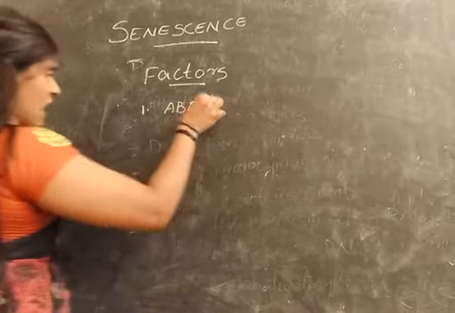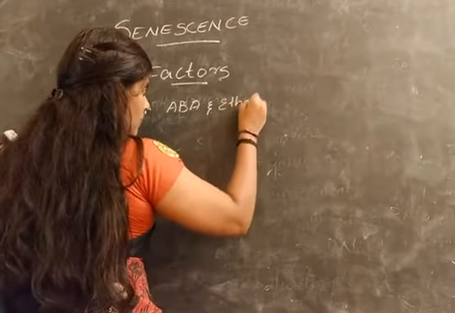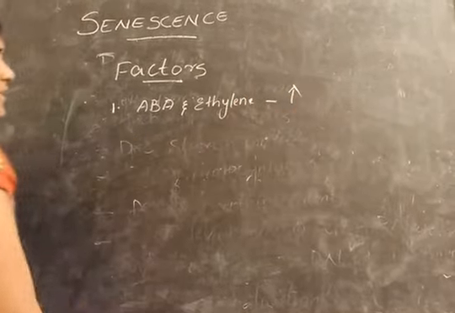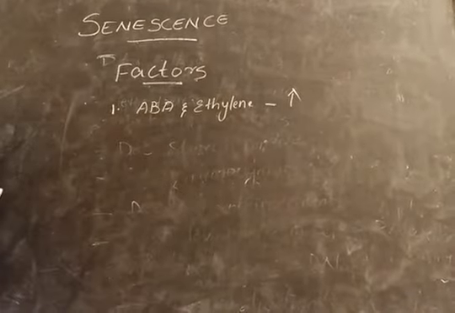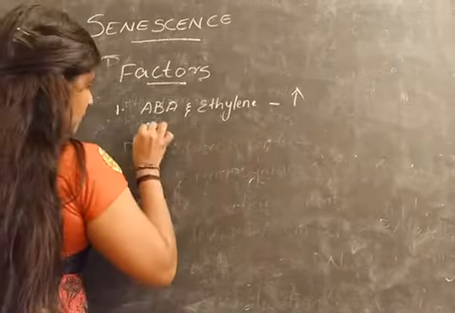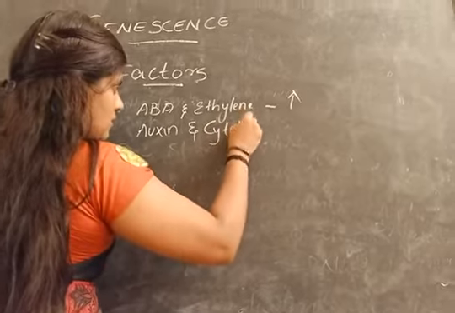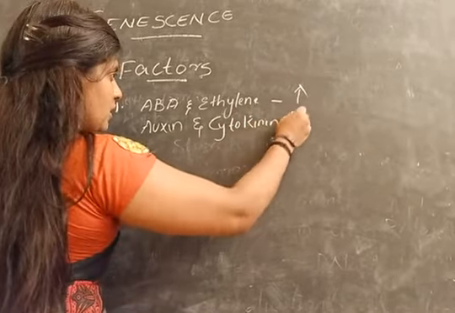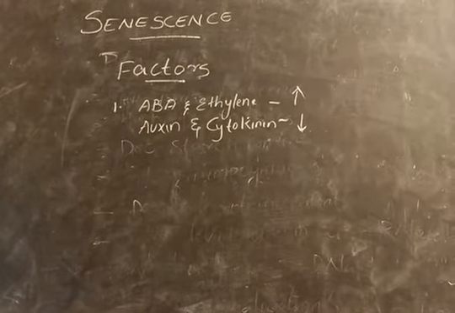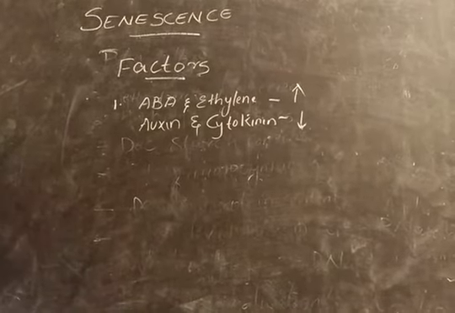ABA and ethylene increase senescence, whereas auxin and cytokinin decrease or retard senescence. Then nitrogen deficiency increases senescence, whereas nitrogen supply retards senescence.